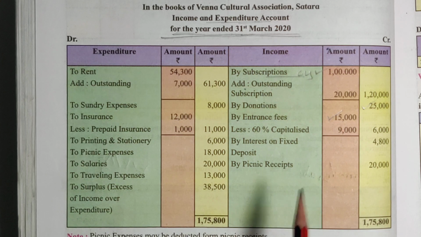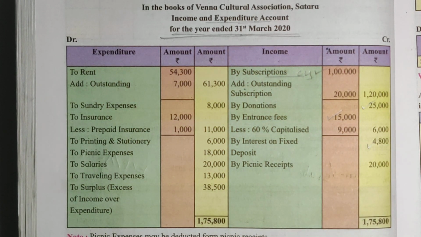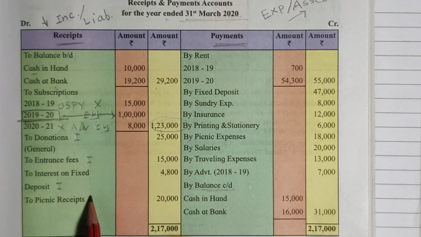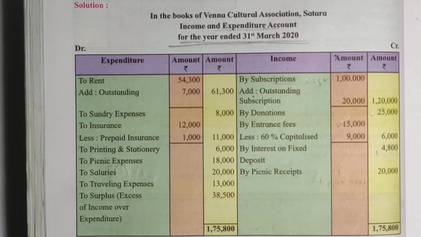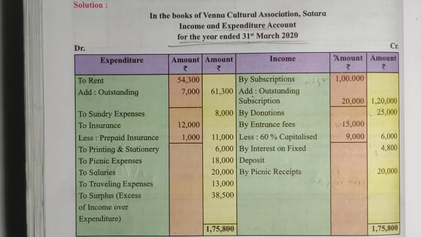Income side, by interest on fixed deposit, rupees 4,800. Next item, picnic receipts income. By picnic receipts, rupees 20,000.